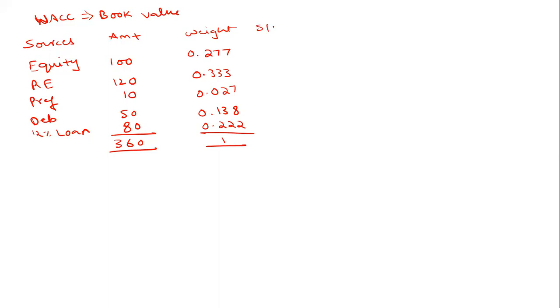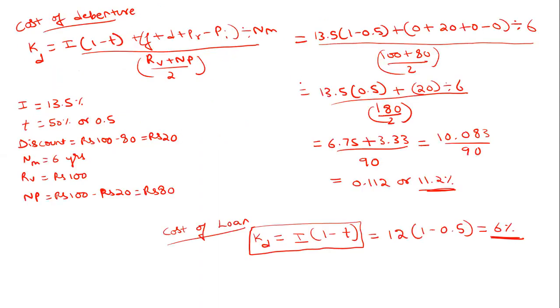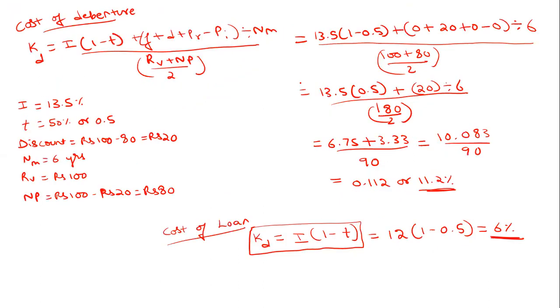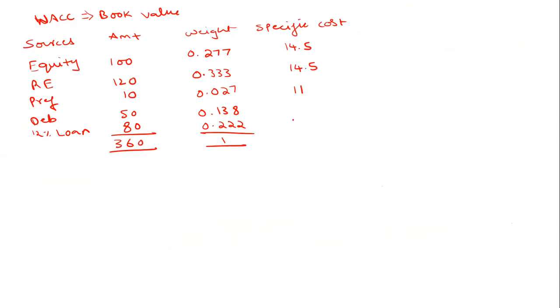Yes, sir. And now let us go for the specific cost. Tell me, equity we just calculated, right? 14.5. Retained earnings is also 14.5. Preference 11.2, 15.43.